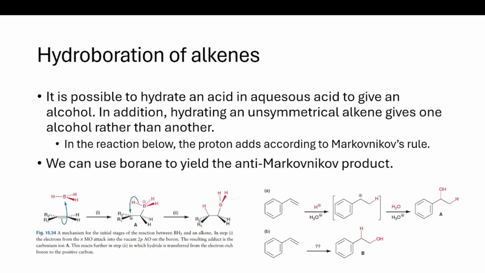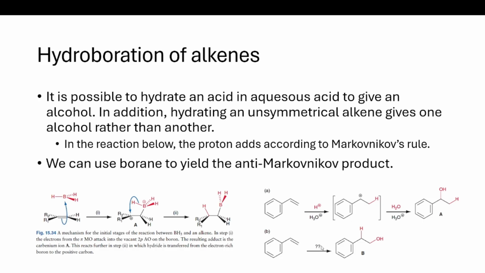Another reaction concerning alkenes is hydration, where if we have an alkene, this one's supposed to be a hydrated alkene in aqueous acid, we end up yielding an alcohol. In addition, if we hydrate an unsymmetrical alkene in aqueous acid, we are going to get one sort of alcohol over another.